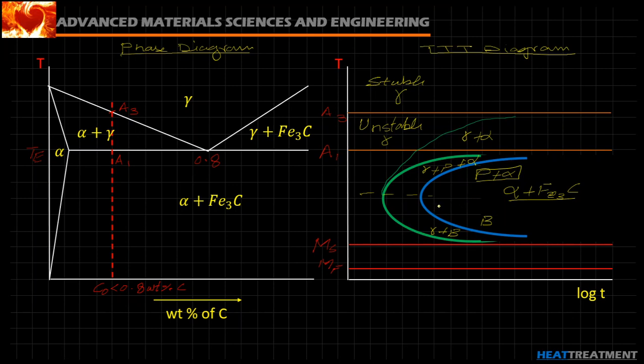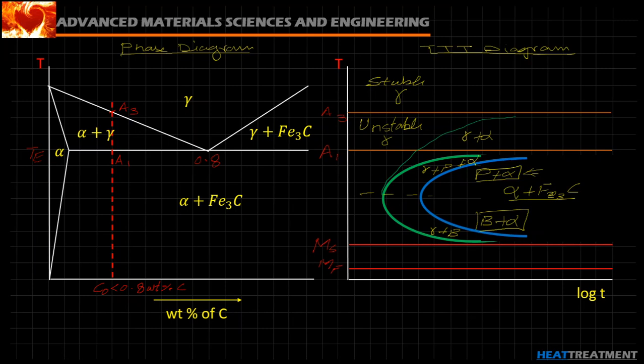So when we quench and hold the temperature above the nose, we get this pearlite plus alpha, and once we quench and hold the temperature below the nose, we get this bainite plus alpha.